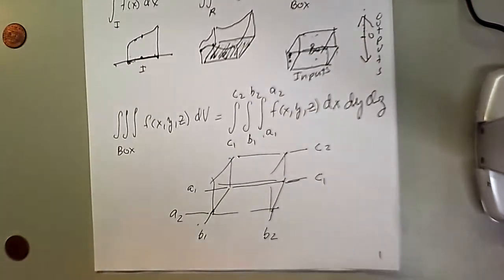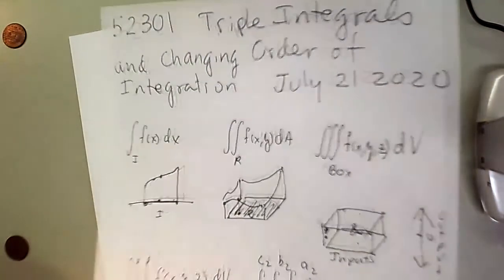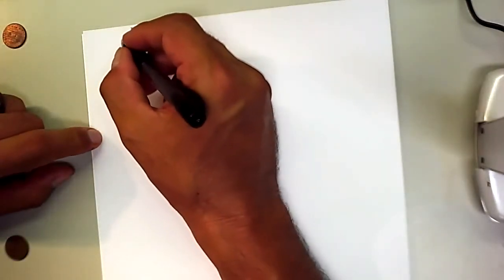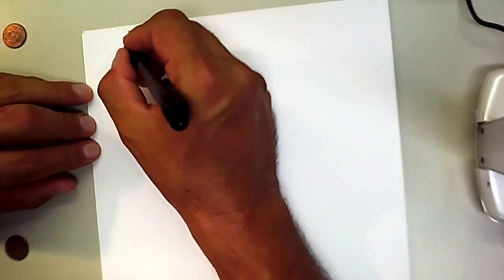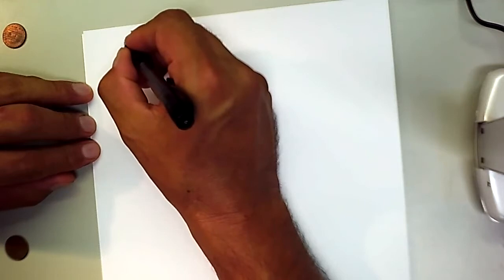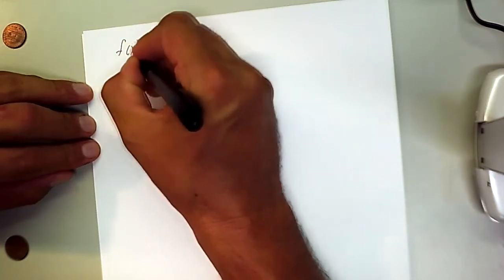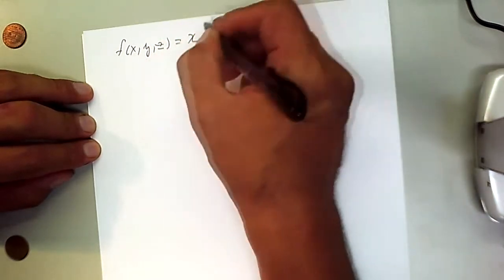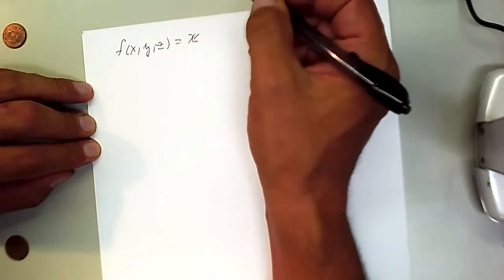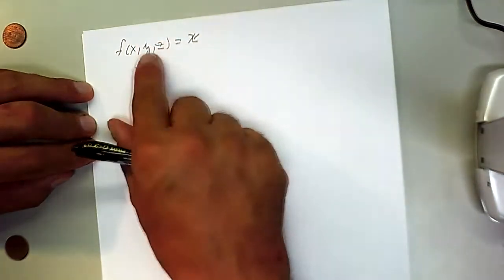Before we start doing an example, let me first tell you that examples can be rather long, very, very long, and that is normal. Sometimes they are so complicated that what we do is integrate functions that are very simple. So if you see a function of x, y, z that has just an x in it and nothing else, then don't panic.